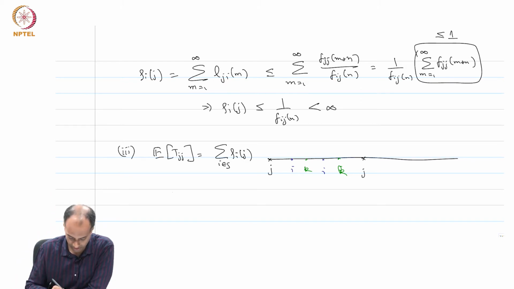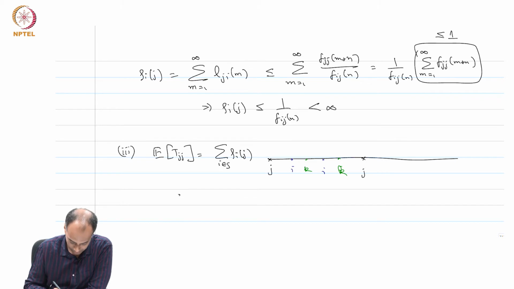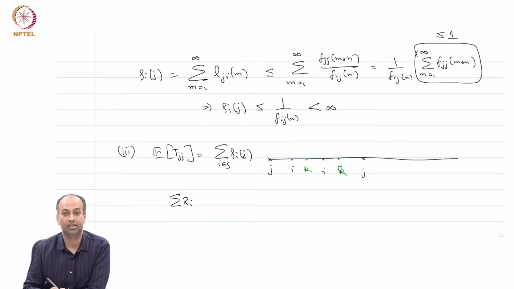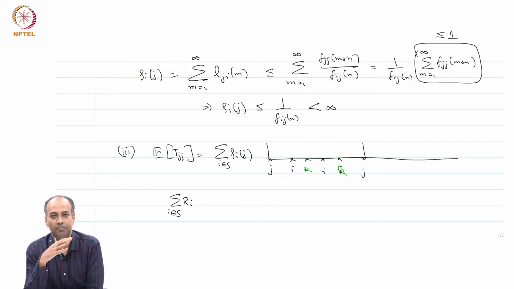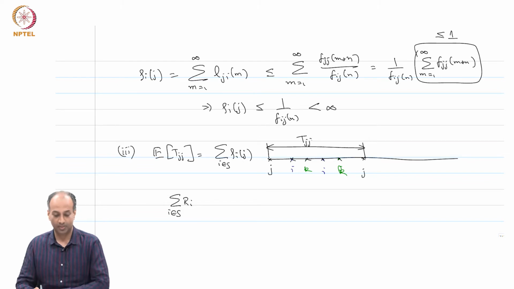In our earlier notation, R_i counts the number of times you are in state i. If you look at the sum over R_i, what will that be? R_i will count that and that, R_k will count that and that. So, if you sum over all the states, you are looking at the number of times you are somewhere during this interval, which is T_jj.